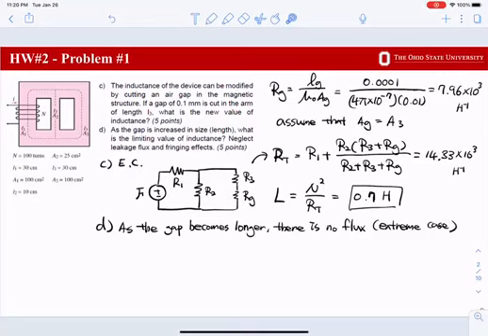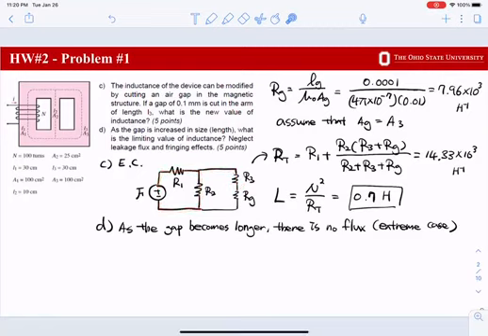If the reluctance of the air gap increases, the flux cannot flow this way. So all of the flux follows this way.